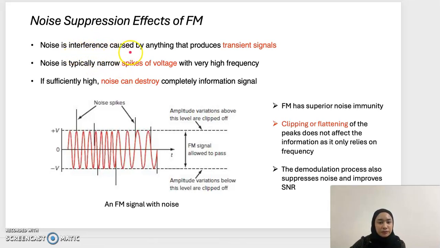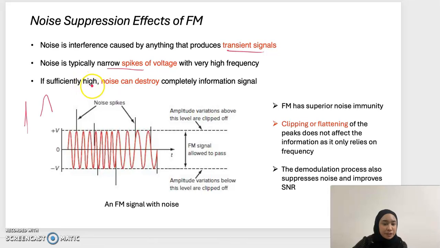So noise is interference caused by anything that produces transient signals. Transient meaning is very fluctuating, very random, unpredictable. So noise is typically narrow spikes of voltage, as we have seen just now, with very high frequency. So a frequency will look like this, right? But because it's very high frequency, it looks like a spike instead.